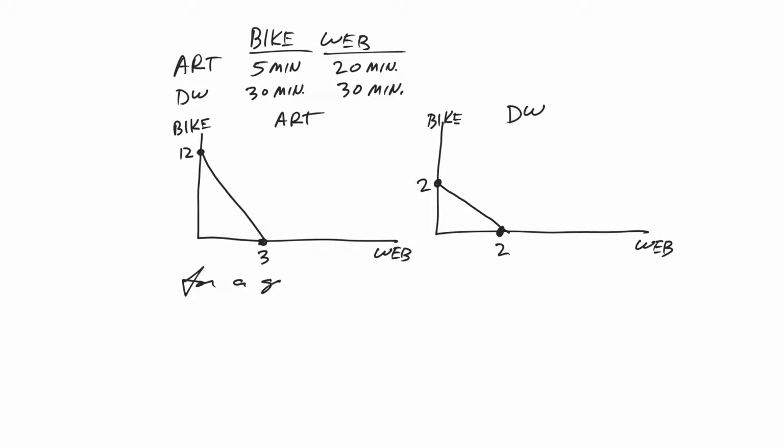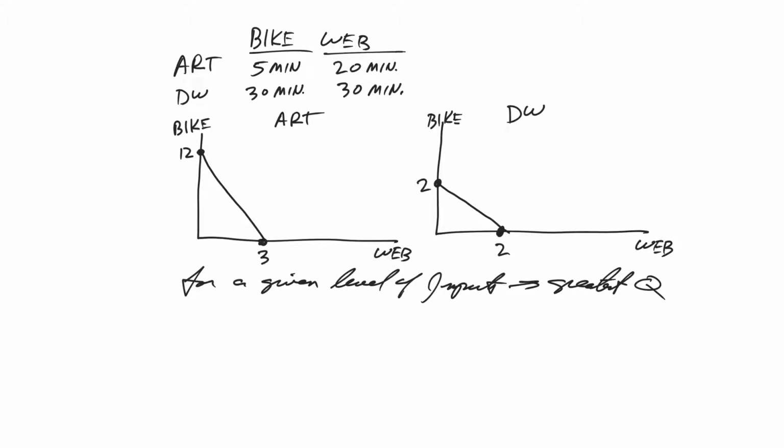For a given level of inputs, you get the greatest output. Okay, that's one way of looking at absolute advantage. Let's look at it that way. Okay, the input, what is the input here for both DW and Arthur? It's 1 hour of labor.